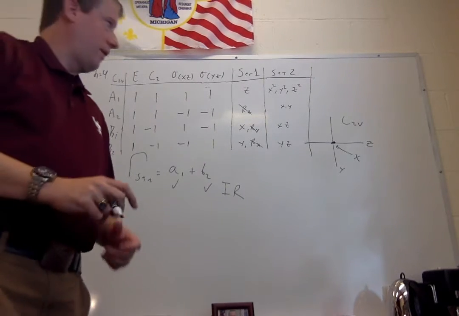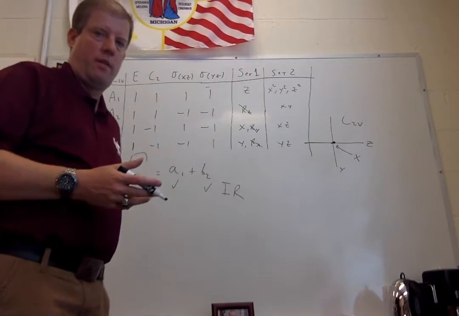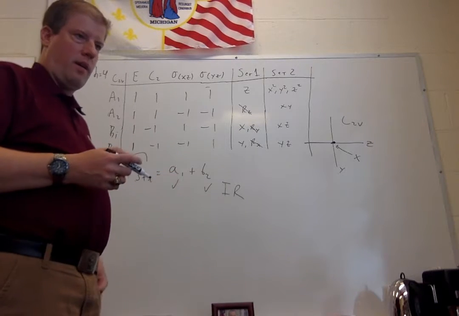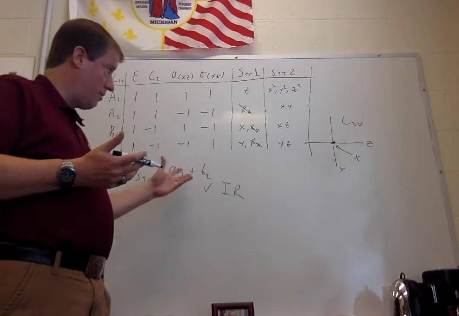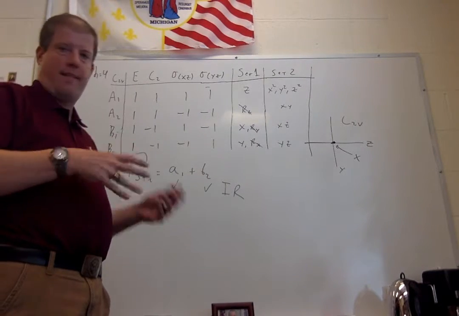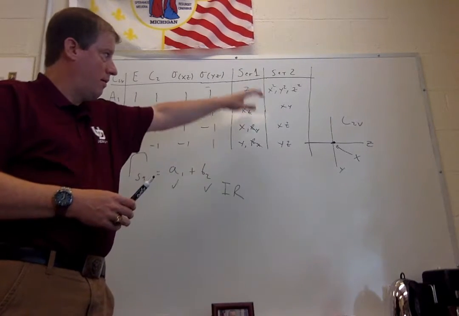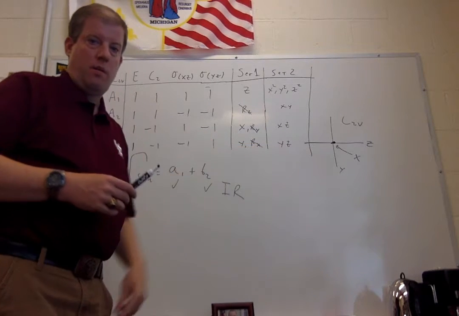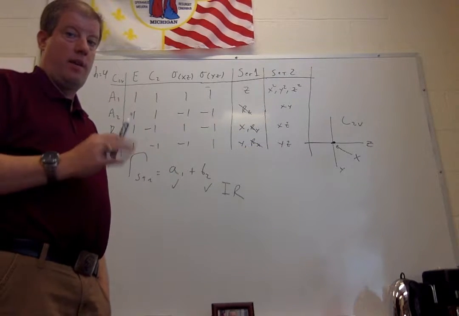Set 2 tells you whether an irreducible representation or a vibration with certain symmetry, which is what we determine here, is Raman active. If you see anything in this column, set 2, then it is Raman active.